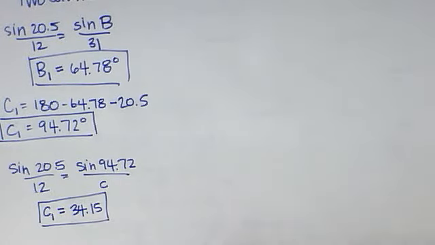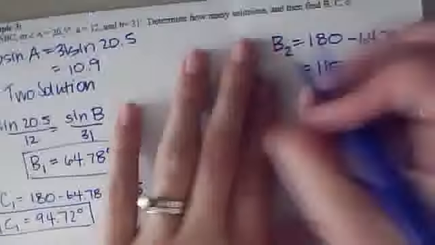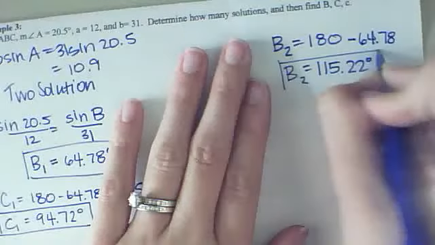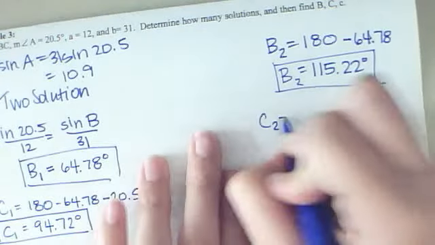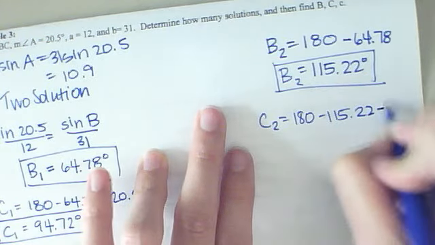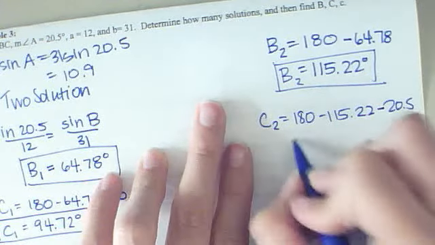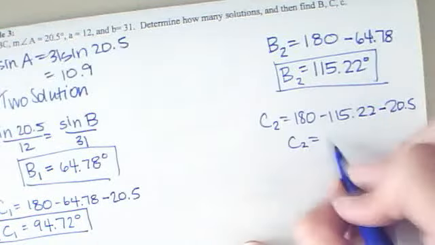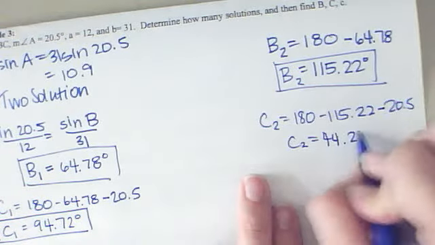My second triangle can be found, all of my B2s, I've already got my B2 angle. I need to find my C2 angle by doing 180 minus 115.22 minus 20.5. And C2 then is 44.28 degrees.